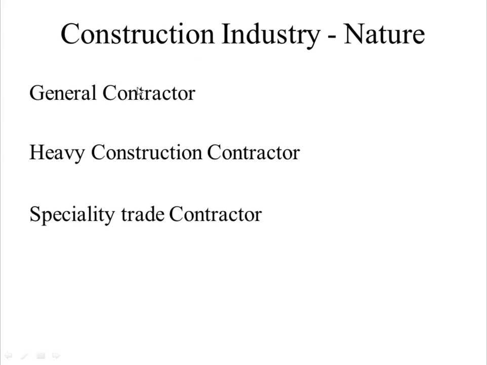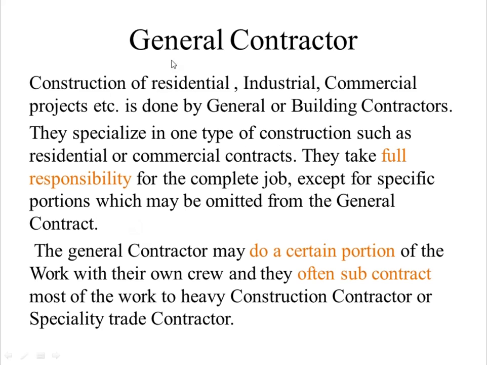It can be classified into three types: general contractor, heavy construction contractor, and specialty trade contractor. General contractor: construction of residential, industrial, commercial projects, etc. is done by general or building contractors. They specialize in one type of construction, such as residential or commercial contracts.